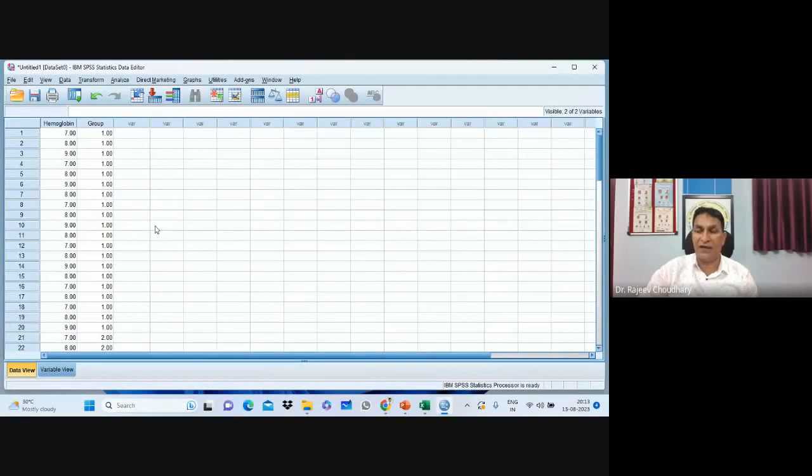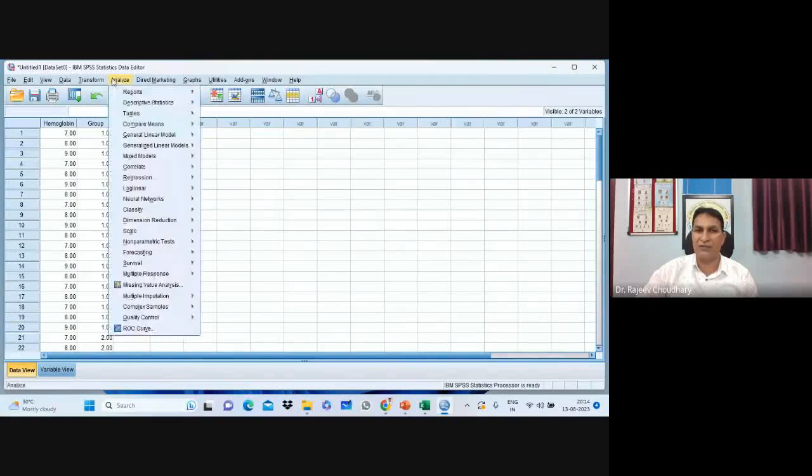Already we entered all 60 scores in a single column. We have given the values 1, 2, 3 for arts, commerce and science respectively, with labels arts for 1, commerce for 2, science for 3.